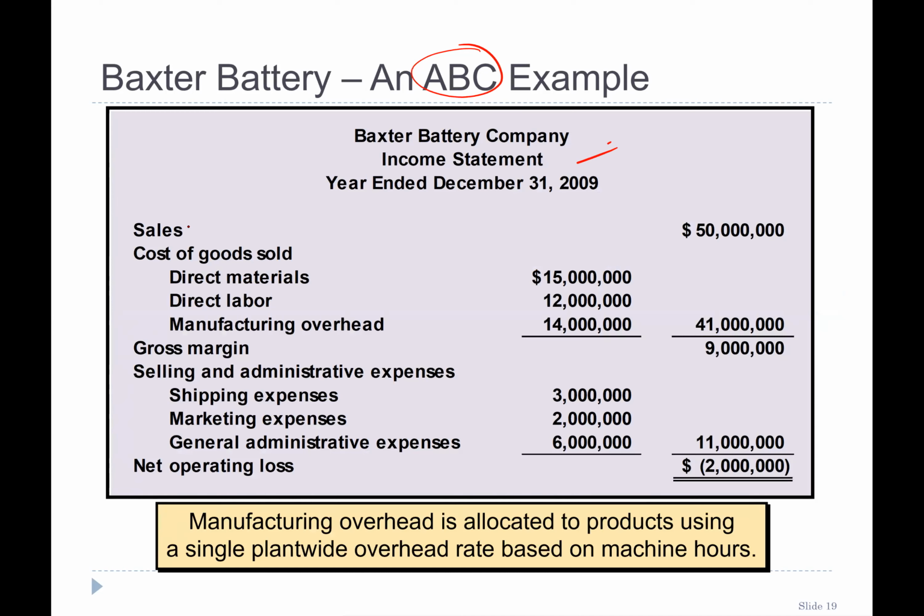You see here, sales is 50 million. The cost of goods sold includes manufacturing cost, which is direct material, direct labor, manufacturing overhead. Its total cost of goods sold is 41 million. Gross margin is 9 million. Its selling and administrative expenses are 11 million, and so they are losing $2 million.